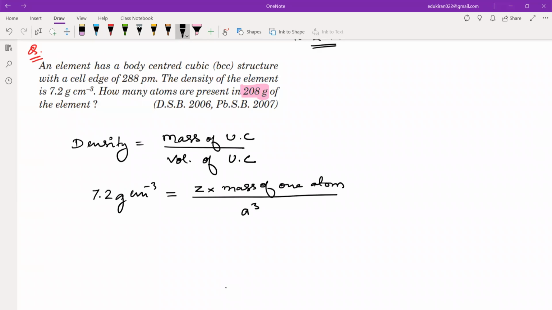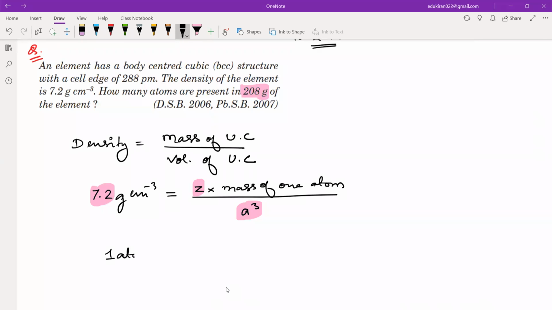Okay. So you have the Z, right? Mass of unit cell will be Z into mass of one atom. You have the Z, you have the density, and you have a cube also. You can calculate the mass of one atom, yes or no? Yes. Now, when you have the mass of one atom, you can also calculate the number of atoms in 208 grams, right?